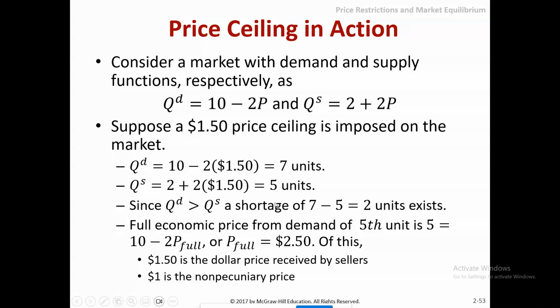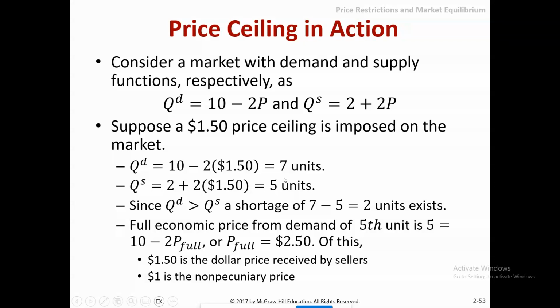So there's a difference of 2 units of shortage. Then remember which prevails: 5 prevails, because 5 is all the sellers are going to produce and offer. Even though the consumers want 7, there's no 7, there's only 5.